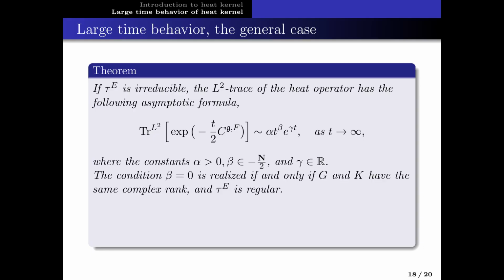Here is one case where we know beta is 0. I have to apologize, I'm using representation theoretical terminology here. When G and K have the same complex rank, you can think about the example of SL2R. In that case, we know beta is 0 and the tau representation is regular.